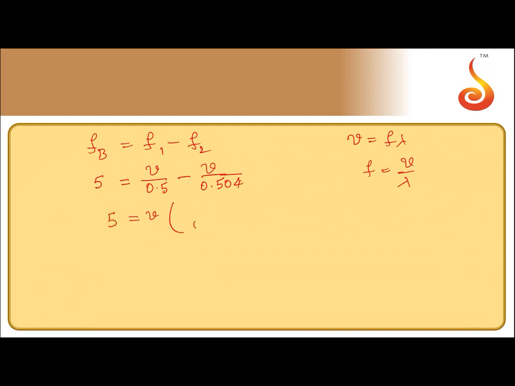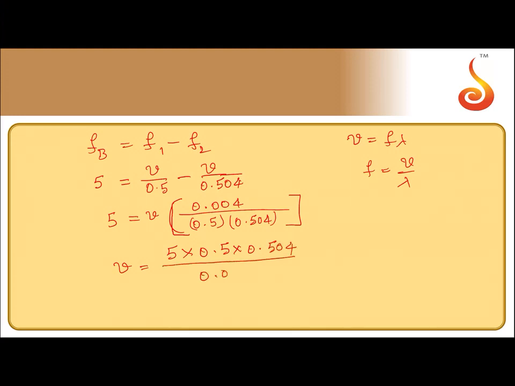Here we will be left with 0.5 into 0.504 in the denominator, and the numerator will be 0.004. So this is what you are going to get if you take LCM. Now cross multiply, send everything to other side: 5 into 0.5 into 0.504 divided by 0.004. So what do you get?